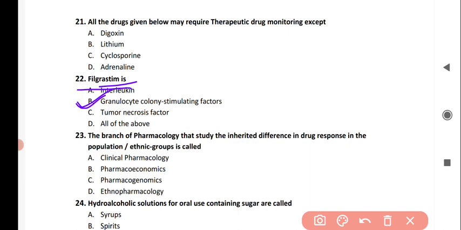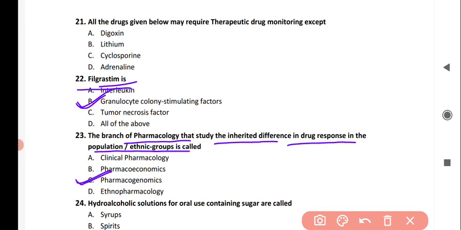The next question is, the branch of pharmacology that study the inherited difference in drug response in the population or ethnic groups is called. So the branch of pharmacology that study the inherited differences in drug response in the population or ethnic groups is called pharmacogenomics.